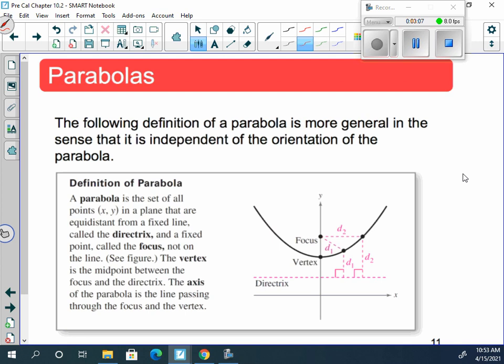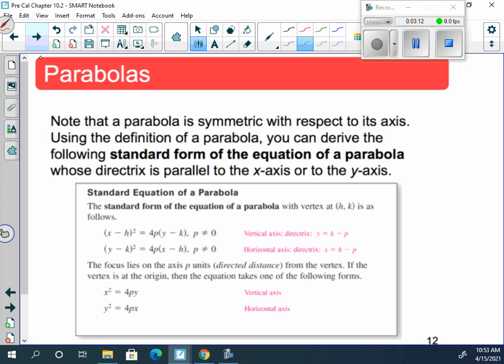So we kind of have this general information. Now, if we use the focus, vertex, and directrix, we get these two main equations. The first one we get is (x minus h) squared equals 4p times (y minus k), where p is different from 0.